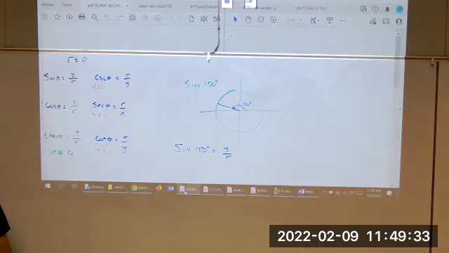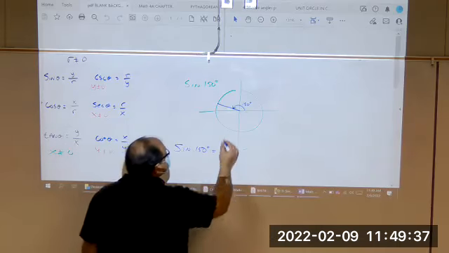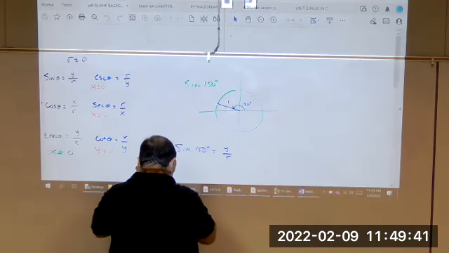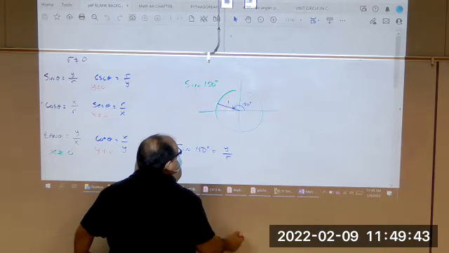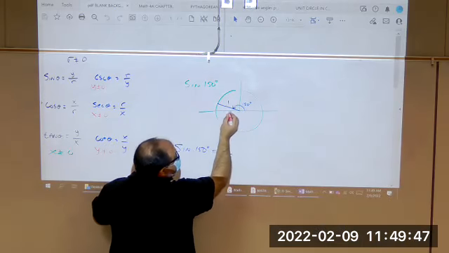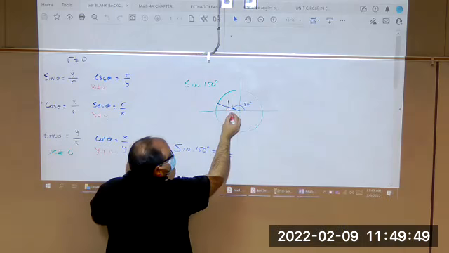So what I'm going to do is I'm going to make the radius equal to 1. If that's 1, then what you just did was this. If this is 150, then right here is 30 degrees.